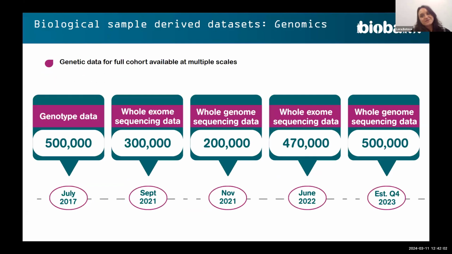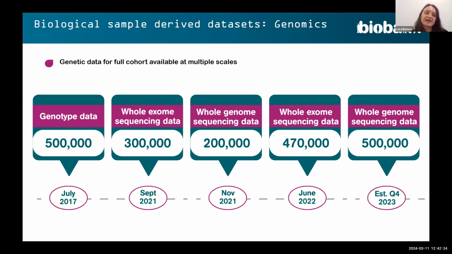Another major source of additional data for the dataset is, of course, our samples. And the genomics dataset is probably one of the most well-known and the most widely used by researchers. It has been going on for a while, and every release we do reflects the current technologies at the time.